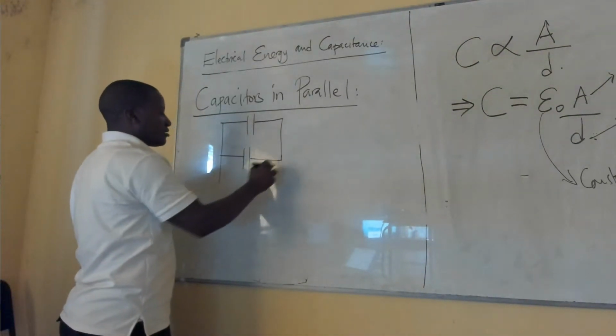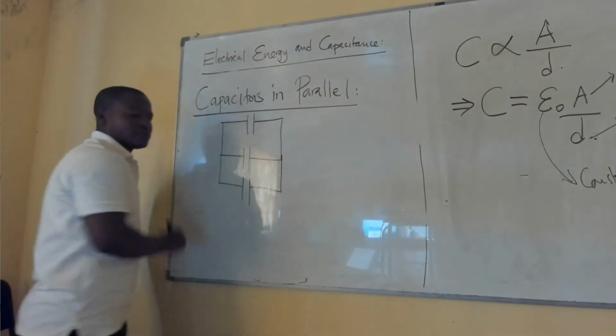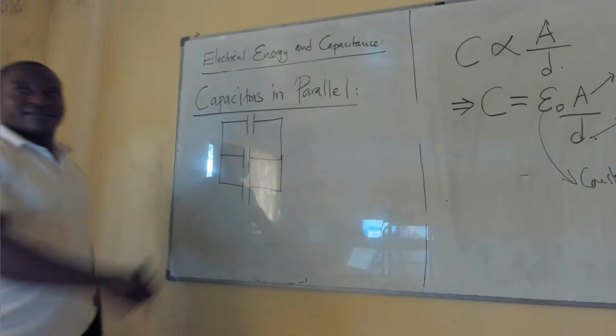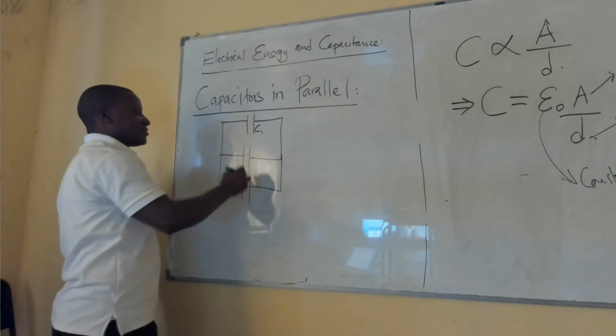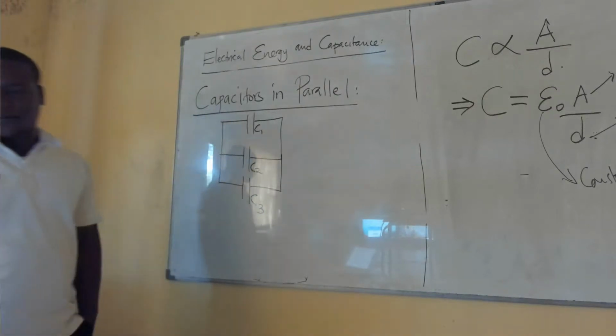First, let's say this is our C1, this is C2, this is C3.